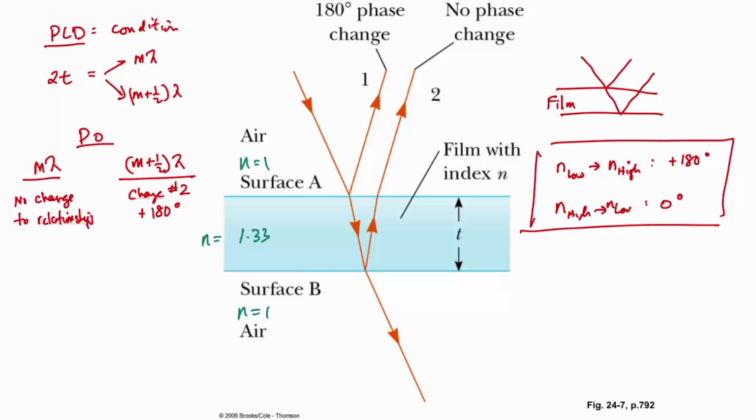Okay, so let's do some practice. I'm just going to do a bunch of these, where we've got these two rays bouncing off, and we need some indices of refraction. So let's do 1, 1.33, and 1.52. So this is air and then a thin film of water on glass.